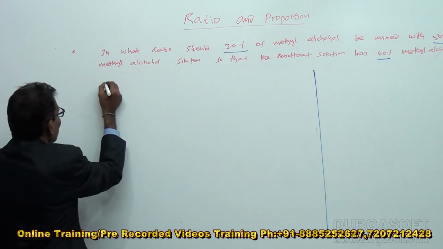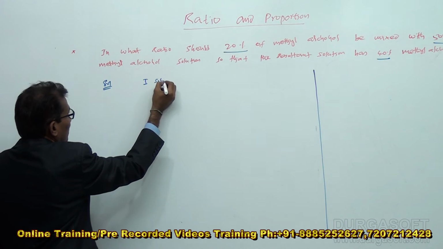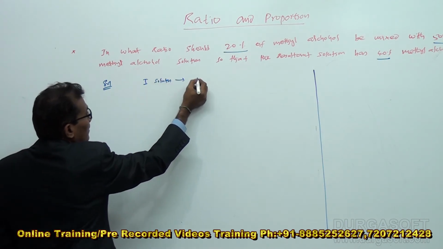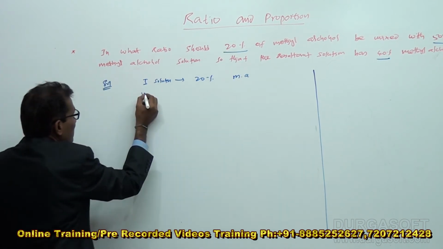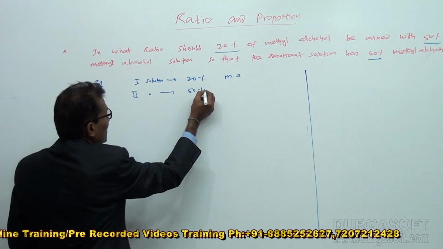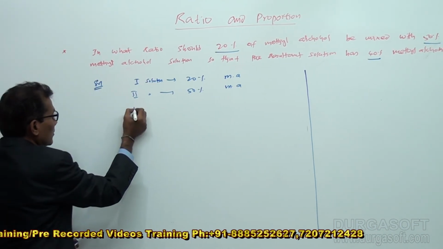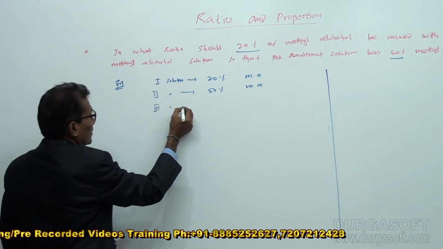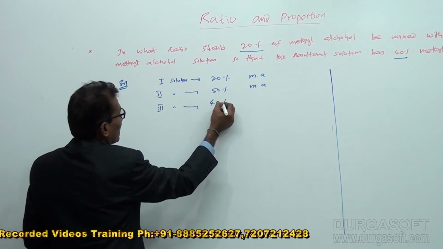The first solution contains 20% methyl alcohol and the second contains 50%. The third solution should contain 40% methyl alcohol.